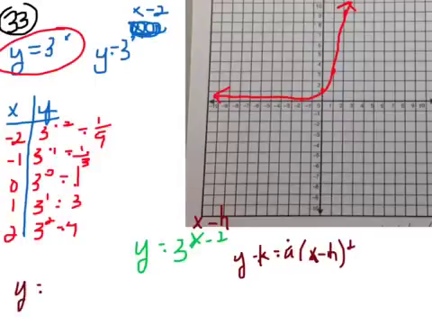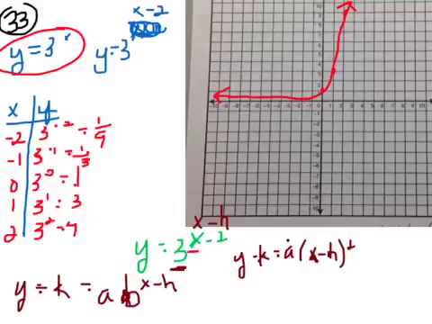It would be y minus k is a times your base, b, which is 3 in this case, to the x minus h, where h is the horizontal shift. Well, if I have x here, there's my x, there's my subtraction sign, my h is equal to 2.